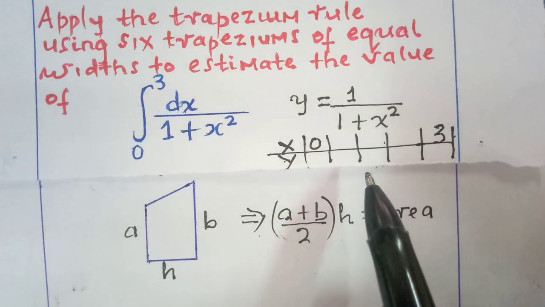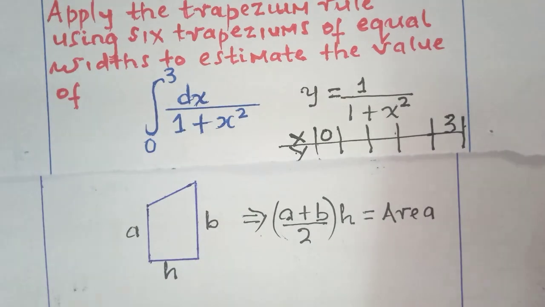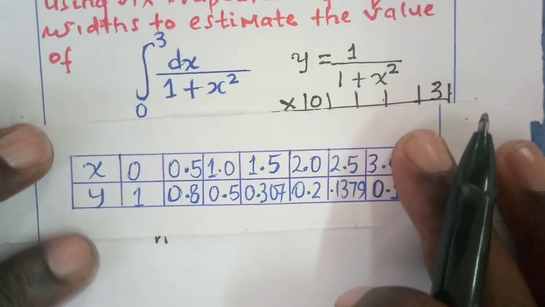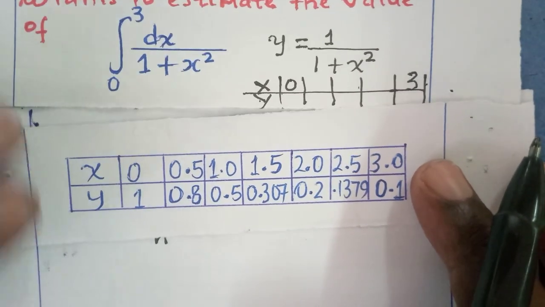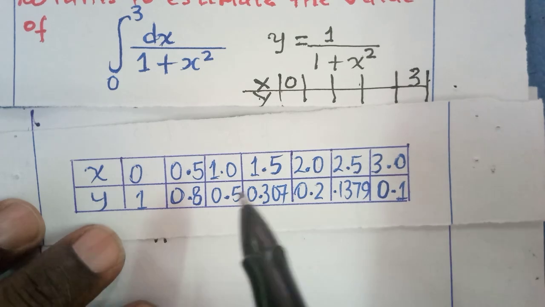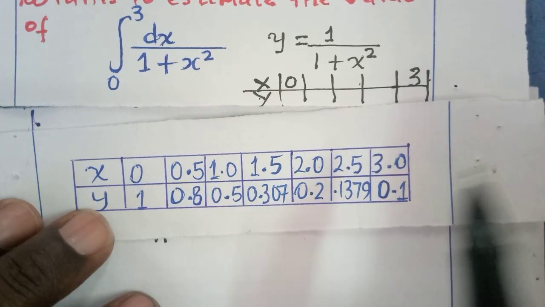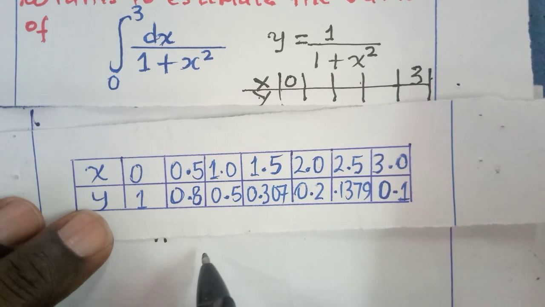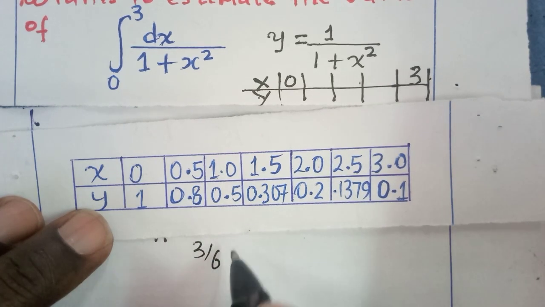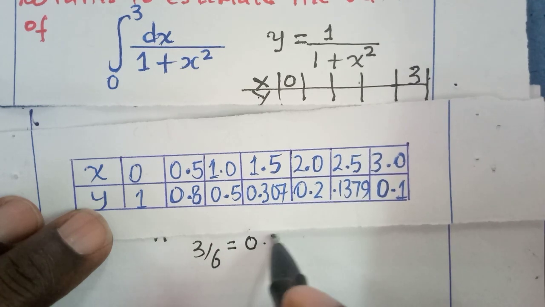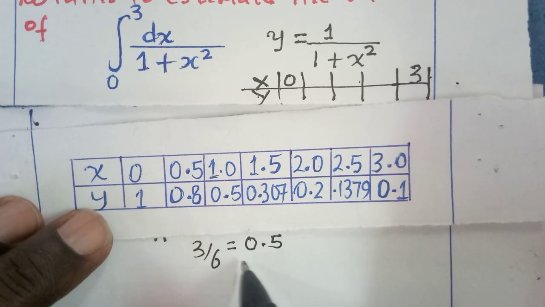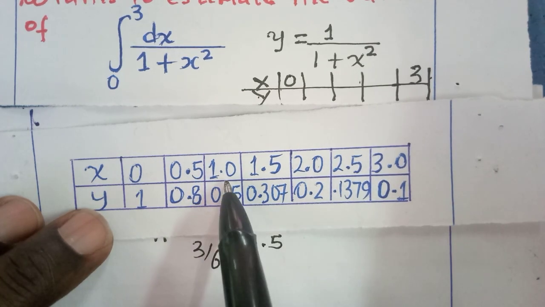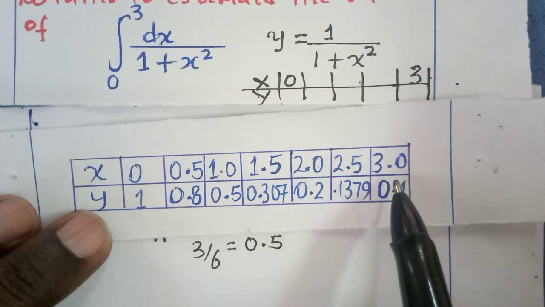Let me show you how I have done it. I have divided 3 by 6, which gives 0.5. So our intervals are 0.5, and that's what I have put here: 0, 0.5, 1, and that goes up to 3.